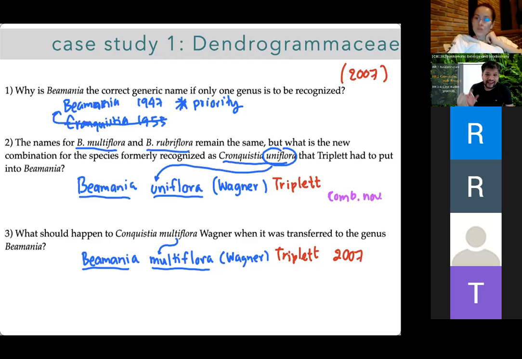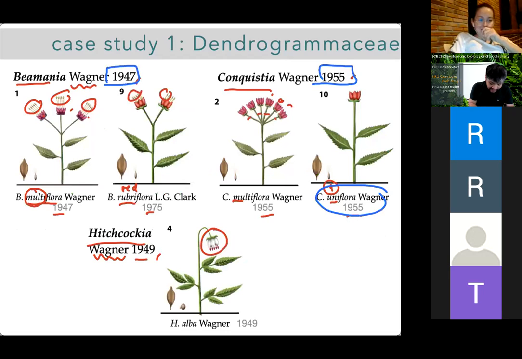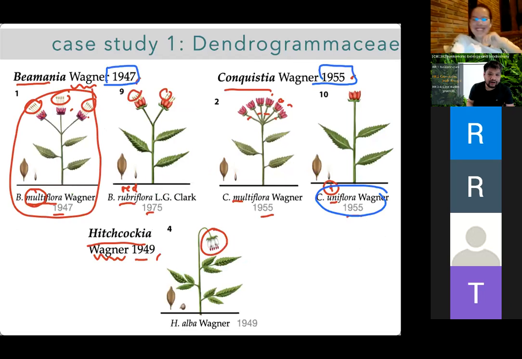But no, actually, you forgot one thing, right? Because Bimania multiflora already exists here, and they look different.